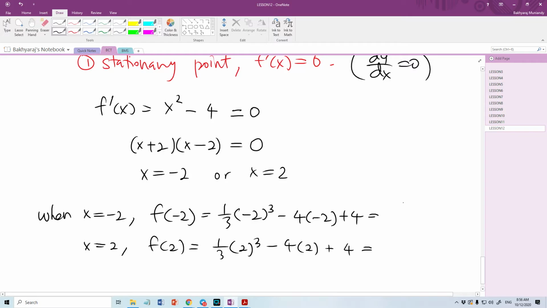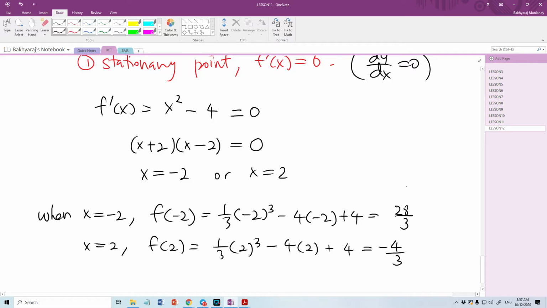So you get -2, anyone want to share your answer? Yeah, correct, 28/3, betul. And what about when x equals to 2? Apa jawapan bila x sama dengan 2? Yeah, correct, -4/3. Very good.